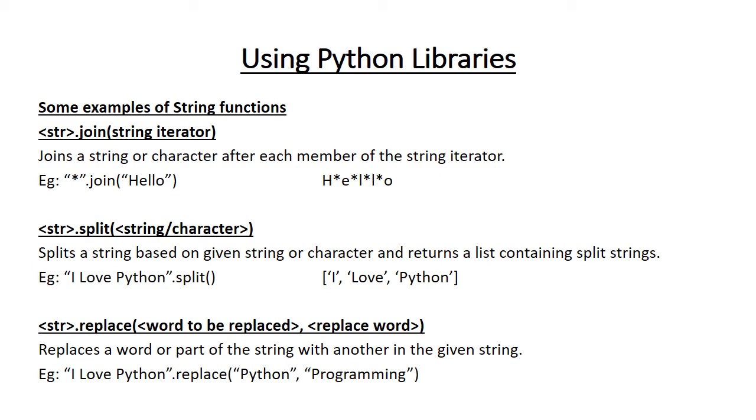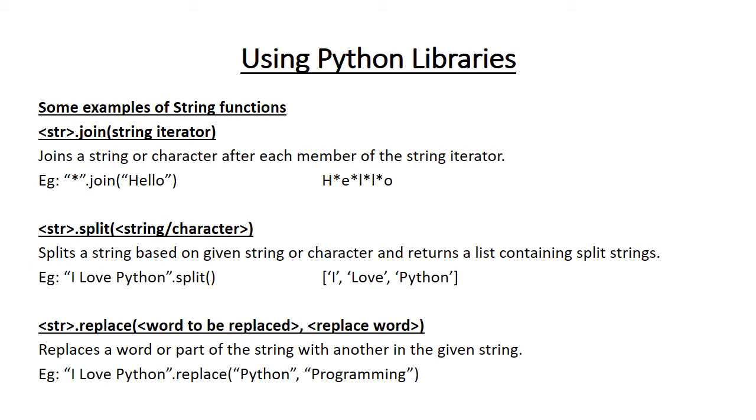Now the next one is split. Split splits a string based on a given string or character and returns a list containing the split strings. For example, I love Python dot split. So it will print separately I, love and Python. Now replace.